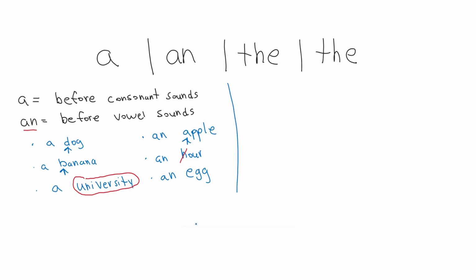Now, use the when the listener knows what you're talking about. It works with any noun, using it with a singular noun or a plural noun. And singular means only one, plural means two or more.